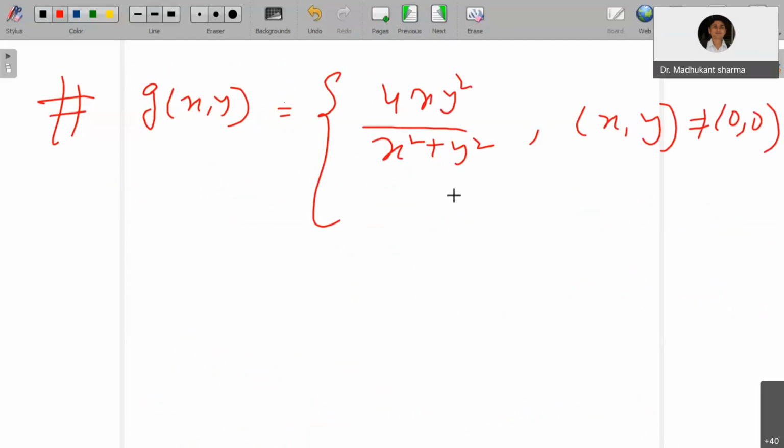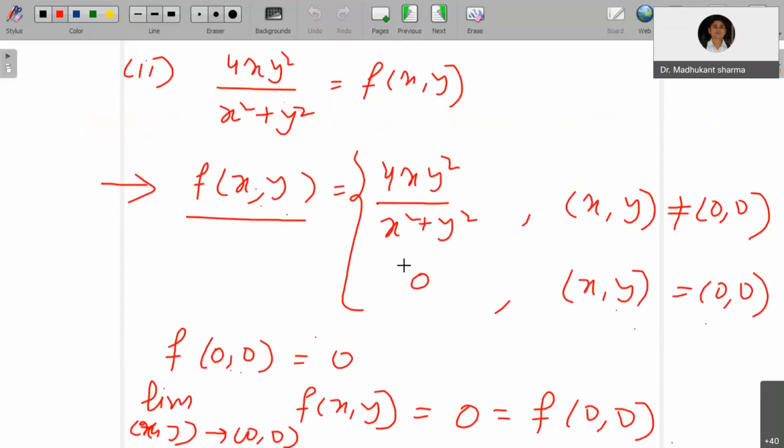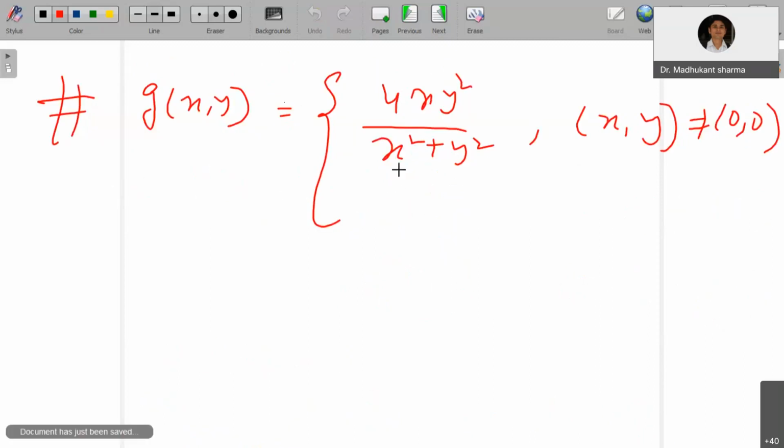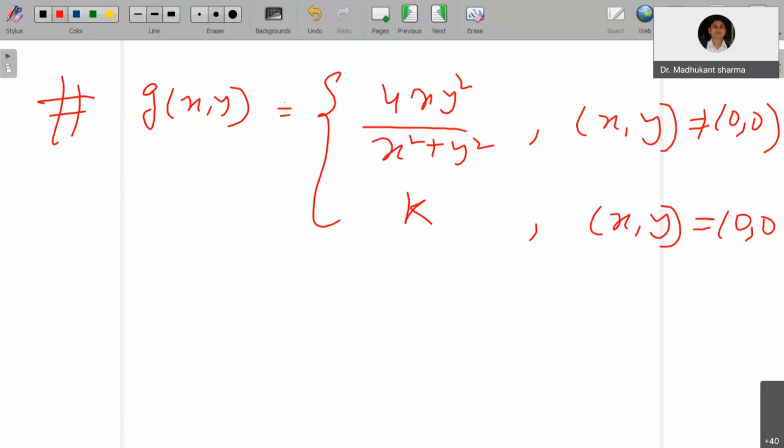And if I am free to define the value at 0, I am also free to define the value as any constant k when xy equals 0. Now I want to look at the continuity of this function, so please look at it carefully.